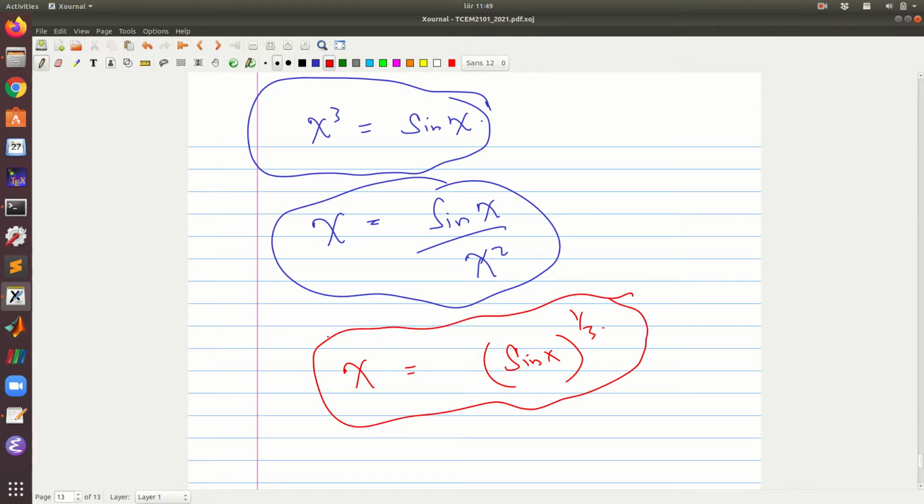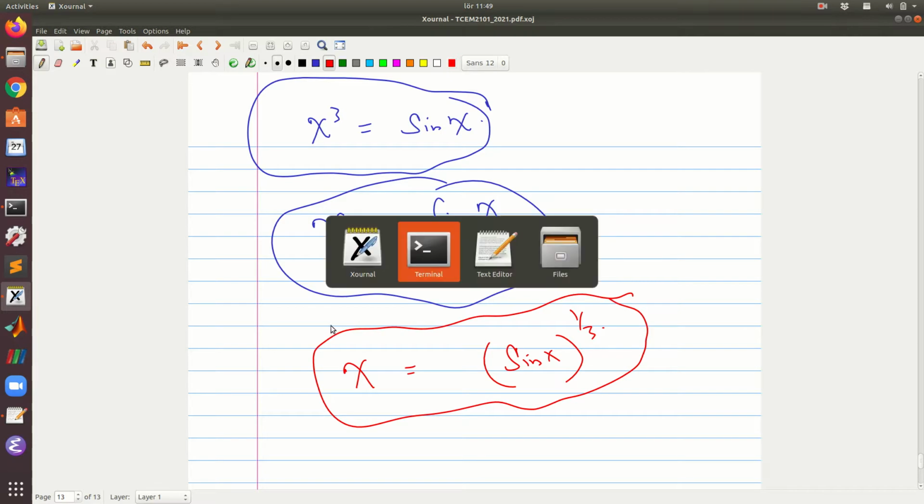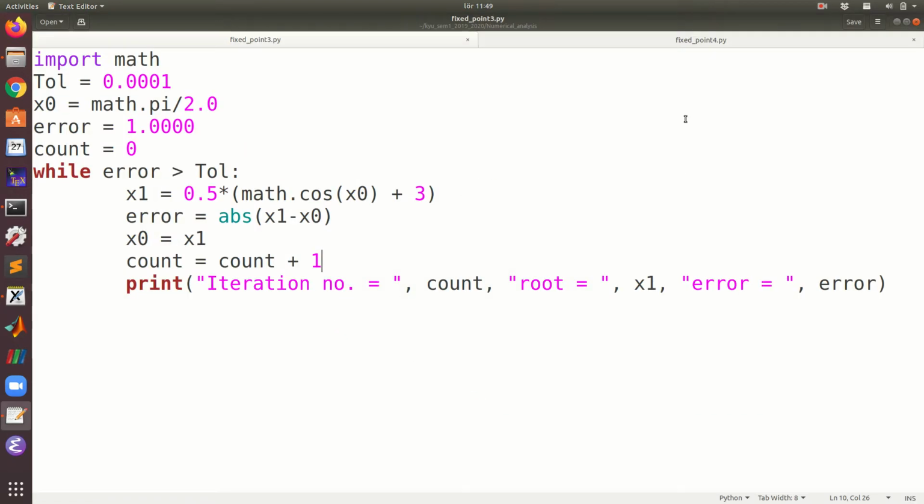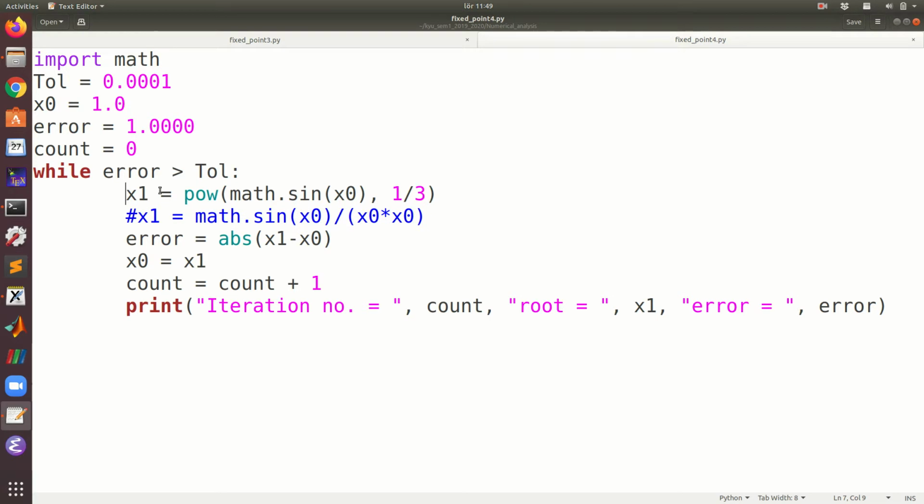So let's try that and then see. So the first one here is x1 equals sine x to the power 1/3, and then the other was sine x over x squared, that is x naught times that. So you could just try out the logic here and then see which works.